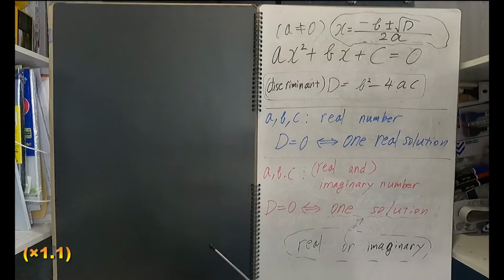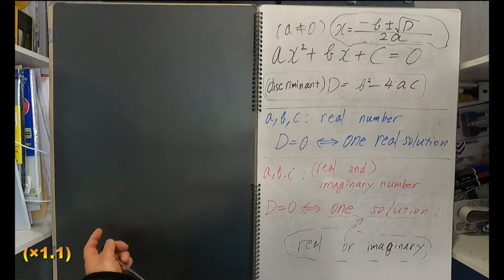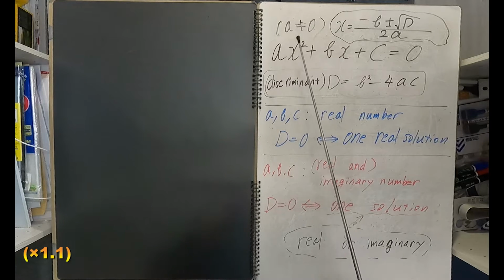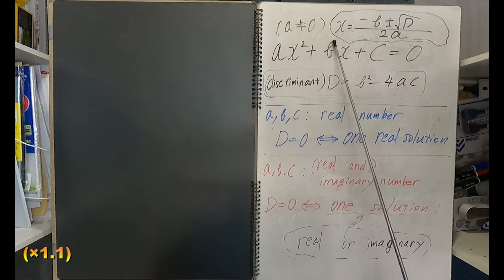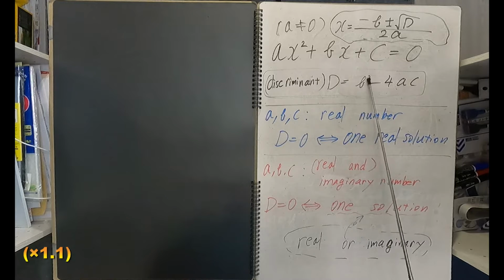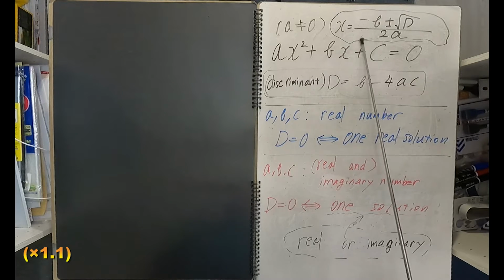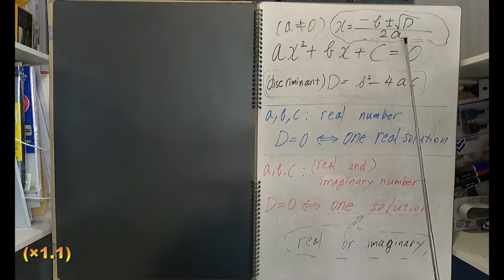So we use the discriminant for the quadratic equation. For example, this quadratic equation's discriminant is b squared minus 4ac, and the solution x is written like this.